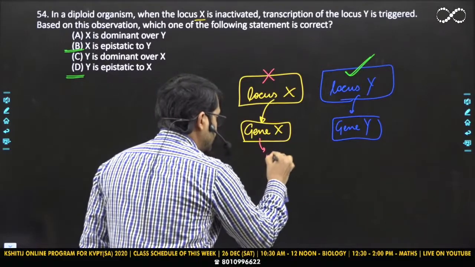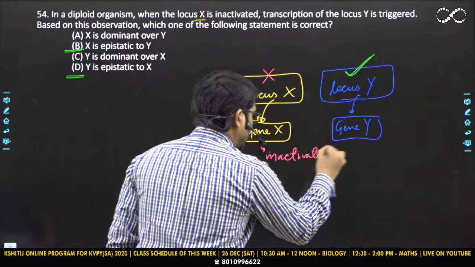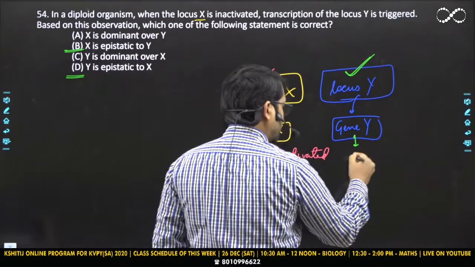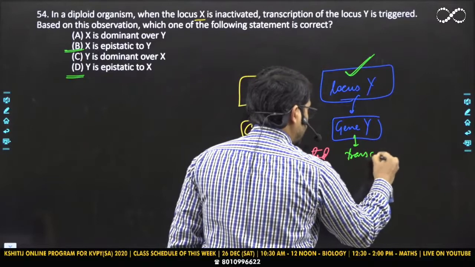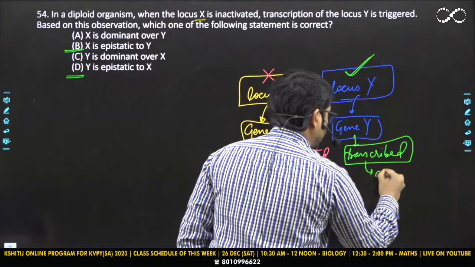When this is inactivated, then only gene Y is transcribed, or you can say it is active.